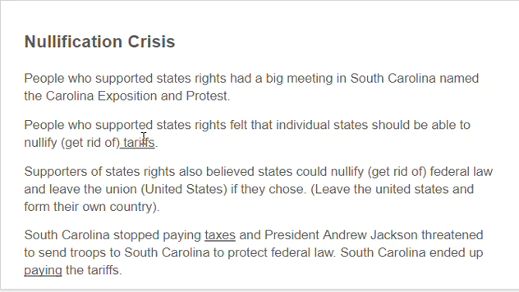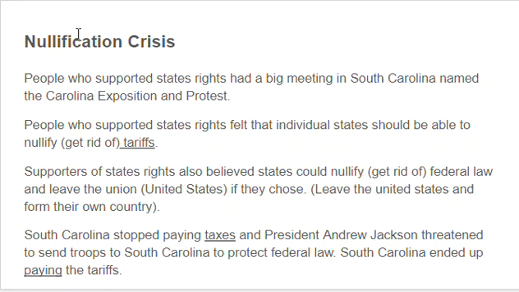If you remember, the South did not like tariffs, whereas the North favored high tariffs. And supporters of states' rights also believed that states could nullify, get rid of federal law, and leave the Union, which is the United States, if they chose. So they were talking about leaving the United States and forming their own country.